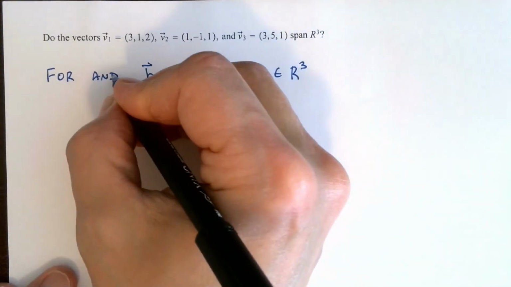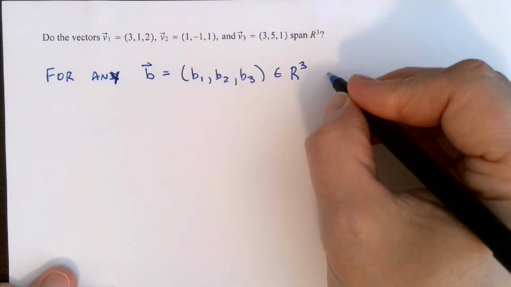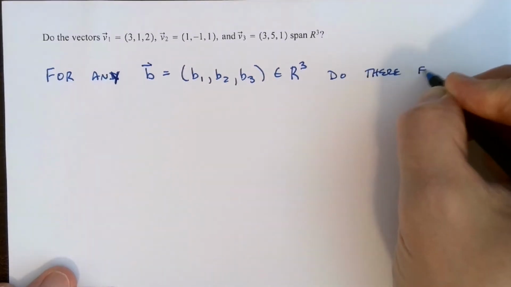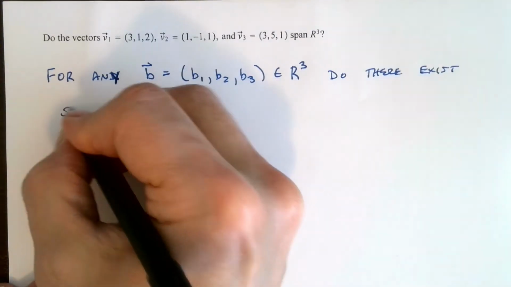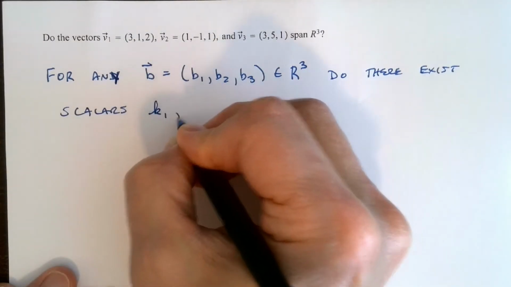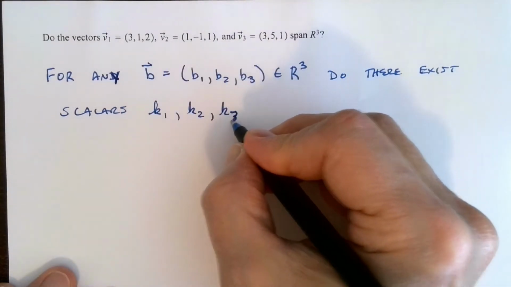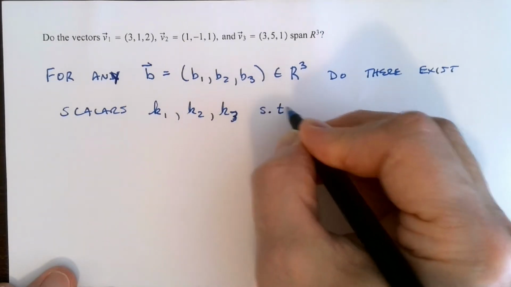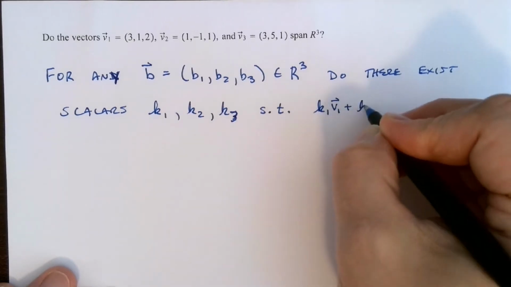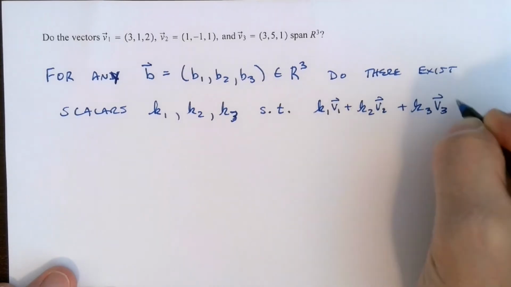For any vector b, do there exist scalars, let's call these scalars k1, k2, and k3, because we've got three vectors up there so I need three scalars, such that k1 times v1 plus k2 times v2 plus k3 times v3 equals b?